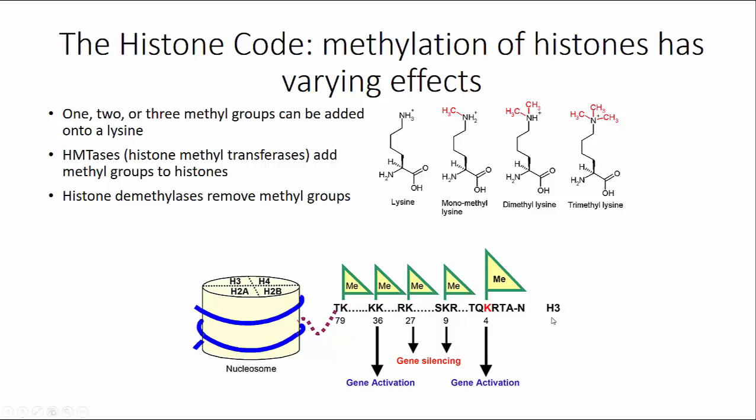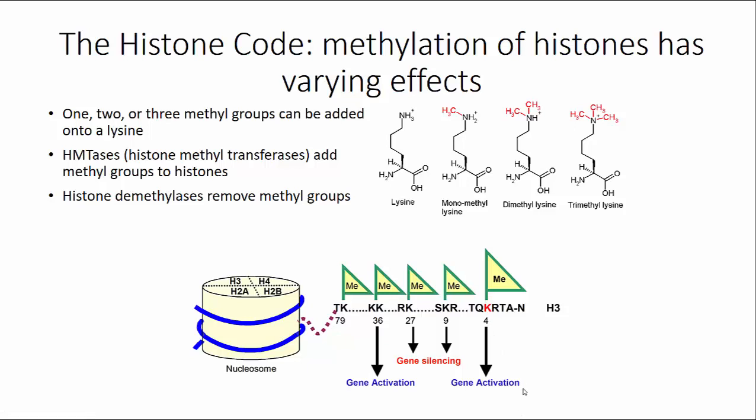If we look, for example, at histone H3, the N-terminus of that protein is shown here. A is the first amino acid, then T, then R, then K. And each amino acid is numbered according to its position from the N-terminus. So lysine K4, for example, if that particular one is methylated, you tend to loosen the region of chromatin.